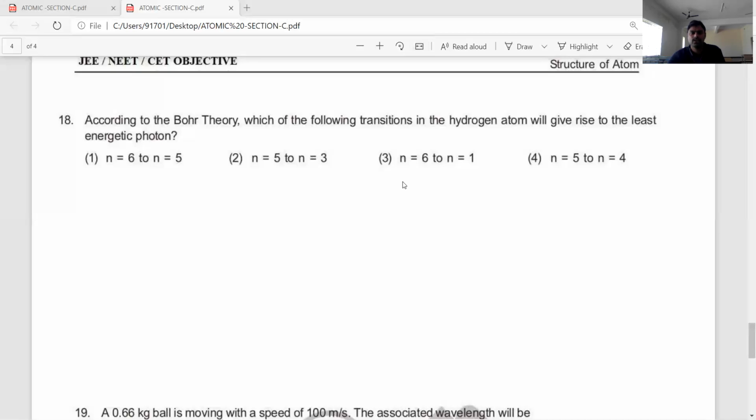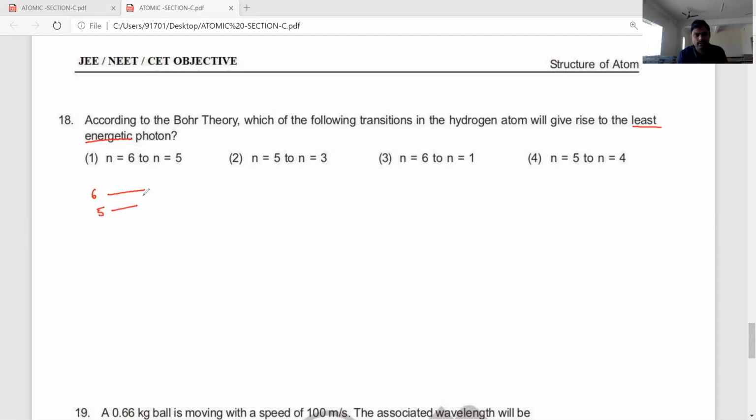Okay, let's go for the next question. 18th question. According to Bohr theory, which of the following transitions in the hydrogen atom will give rise to the least energetic photon? See, n is equal to 6 and n is equal to 5, means the transition from 6 to 5.